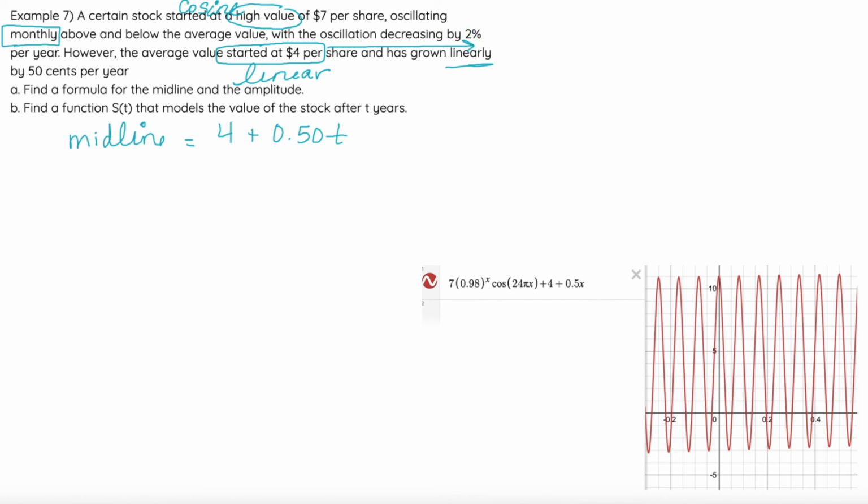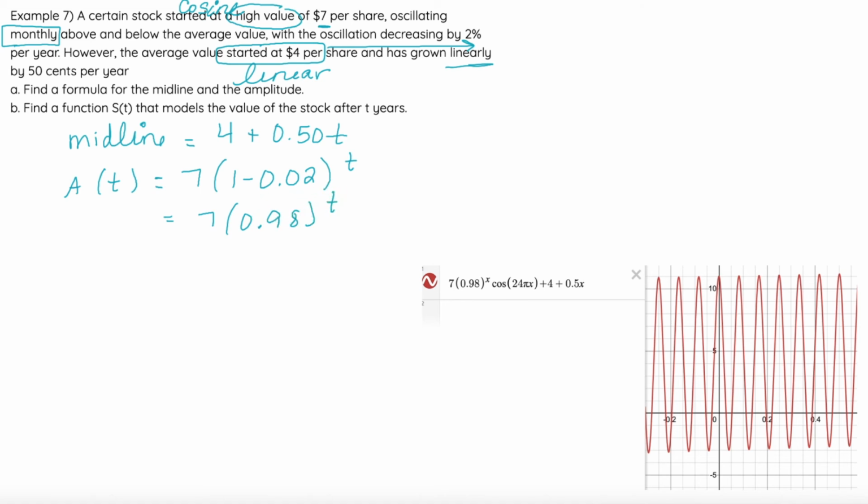So our amplitude is a little different. Our amplitude, original starting value, is 7, times 1 minus 0.02, since it's decreasing per year, to the power of t. And this can simplify to 7 times 98 hundredths to the power of t.